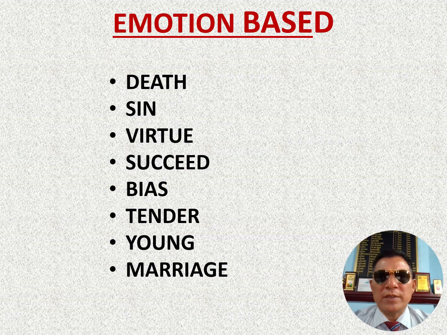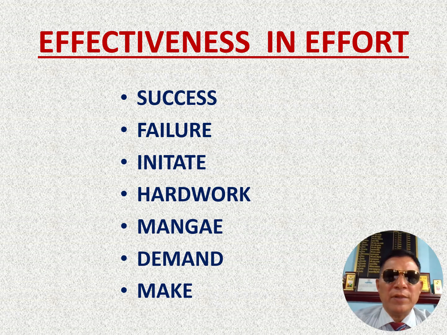The next category of words in WAT is emotion based: death, sin, virtue, succeed, bias, tender, young, marriage. Then effectiveness in effort. Whatever efforts you have put in, what is the effectiveness of those efforts in your life will be termed as success, failure, initiative, hard work, manage, demand, make.